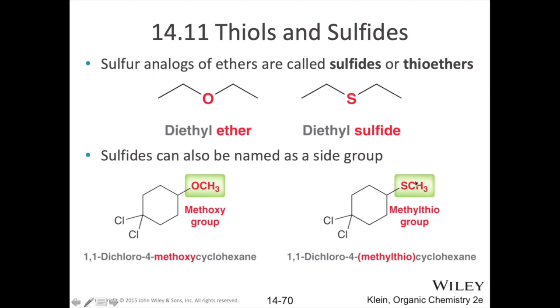And if you want to use a sulfide as a substituent, just as you have an alkoxy group as a substituent, instead of using that oxy suffix, we would use thio as the suffix there. Okay, so based on the alkyl group on your sulfur, just use that prefix and add thio to the end, just the way we add oxy at the end of our alkyl prefix for our alkoxy group.